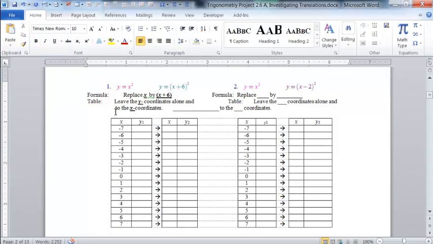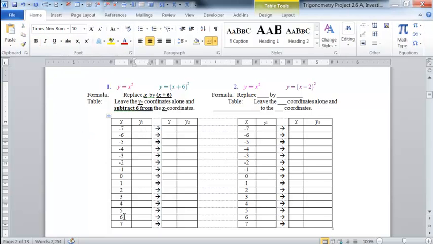Well, you're going to see that the way these work is you actually do the opposite of what it looks like. It looks like you're adding 6 to x. What you're actually going to do is subtract 6. Instead of 'from 2', 'from' is probably better grammar there. So let's fix that. Subtract 6 from the x coordinates.